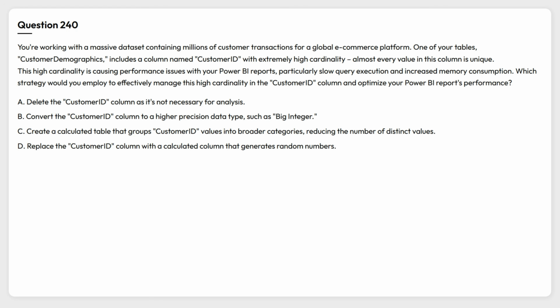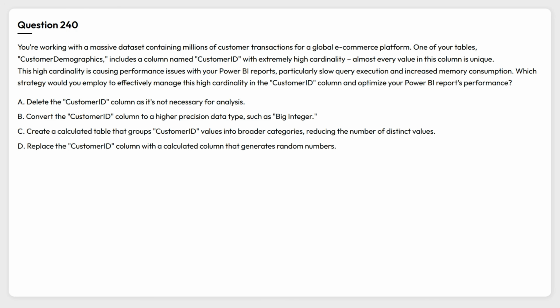This high cardinality is causing performance issues with a Power BI report, particularly slow query execution and increased memory consumption. Which strategy would you employ to effectively manage this high cardinality in the customer ID column and optimize your Power BI report's performance?